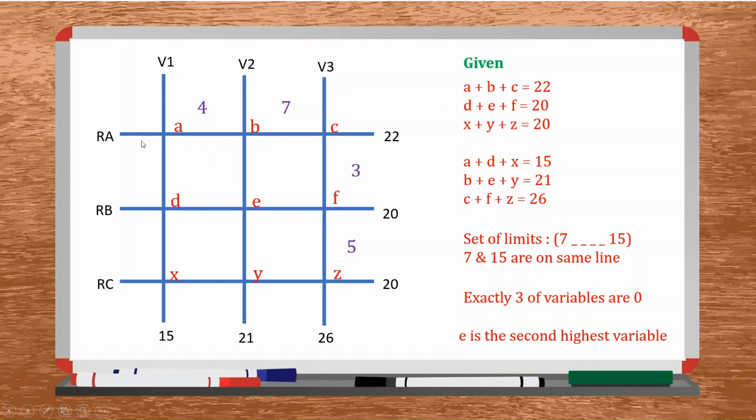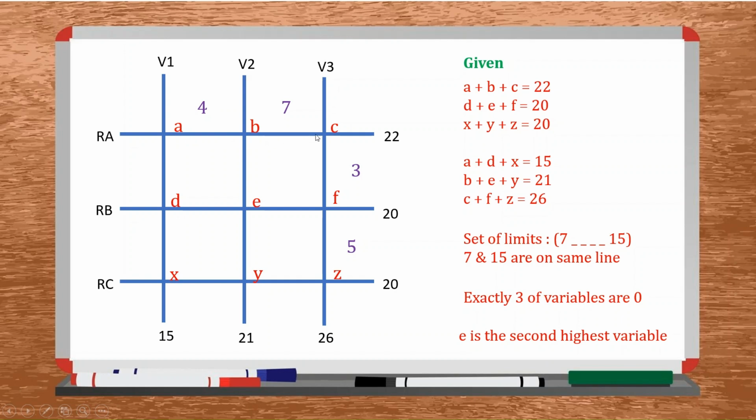So, for example, the intersection of V1 and RA is A. A represents the cash requirement of the ATM which is at the intersection of V1 and RA. Similarly, the ATM at the intersection of V2 and RA would be B, and so on and so forth. Now, we'll have 6 equations coming out of this particular figure.